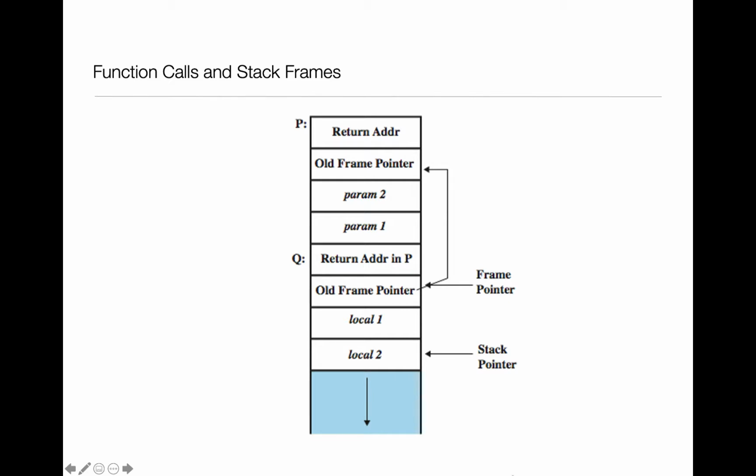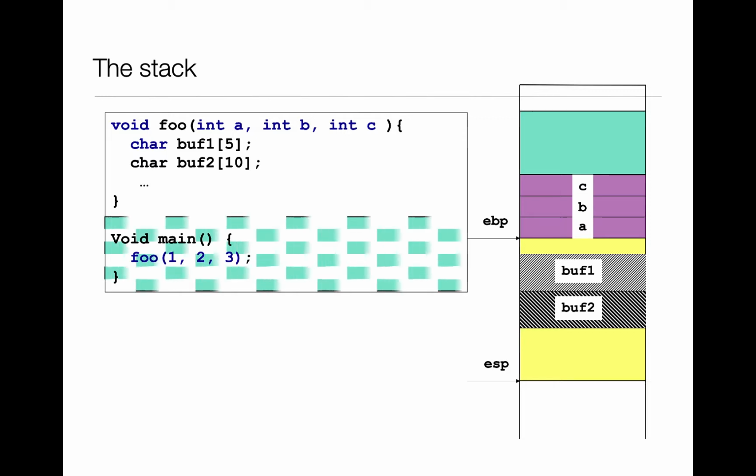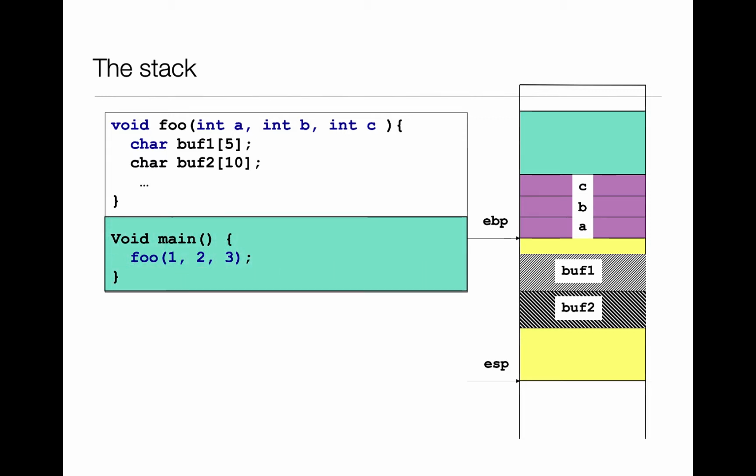So this is the stack frame in a nutshell, and it will be important for understanding how stack buffer overflows work. Let's make this a little bit more concrete. On the left, we have our C code that has the main function calling a function foo, and the main function's stack frame will be in teal, and the foo function's will be in yellow.